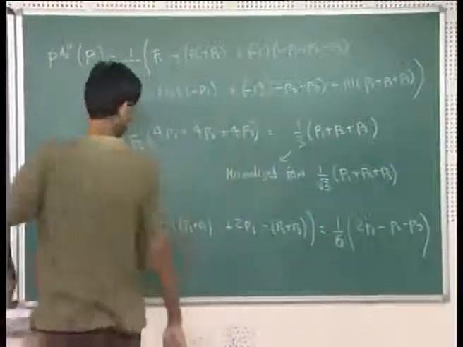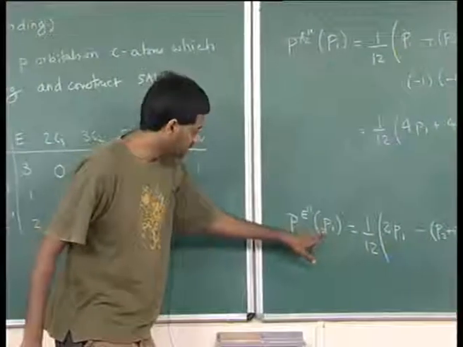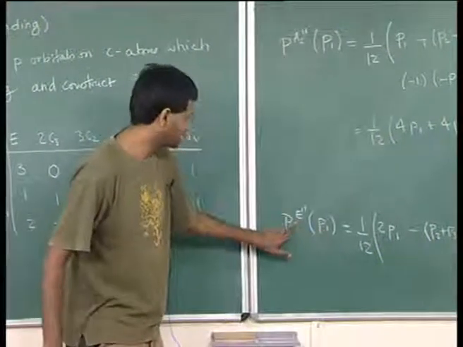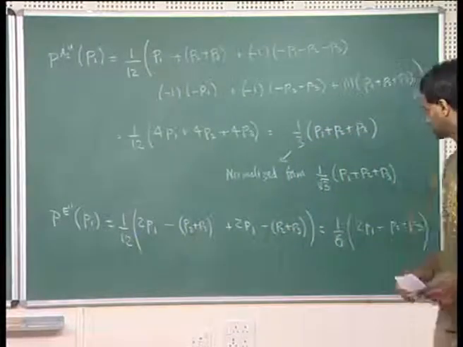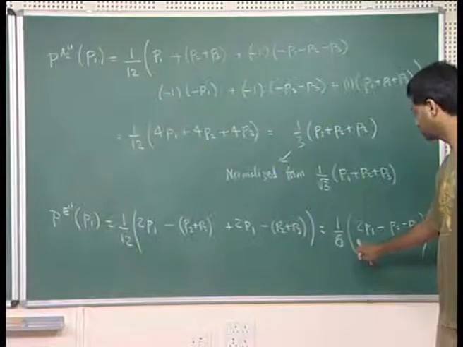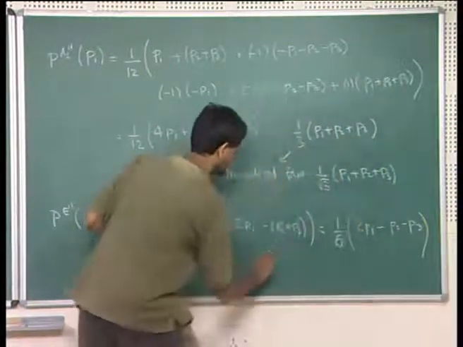So this is a projection onto E double prime. When the projection of P1 onto E double prime gives me this, you can show that this is one basis function.